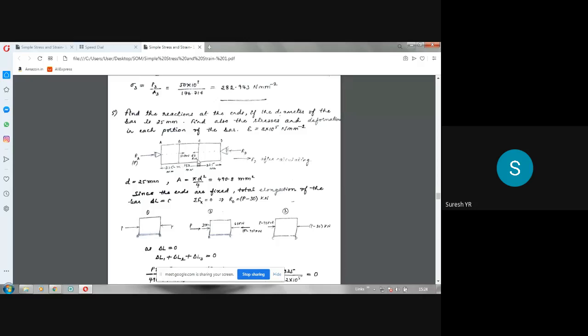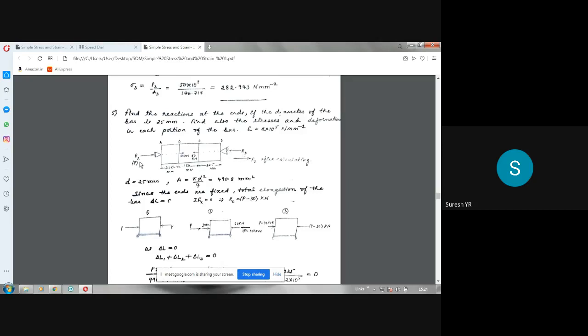How to get that? We have to apply the equilibrium equation: sigma Fx is equal to 0. I am taking forces acting in this direction as positive, so in the left direction it becomes negative. P is positive, 30 is positive, 60 is negative, RD is negative.